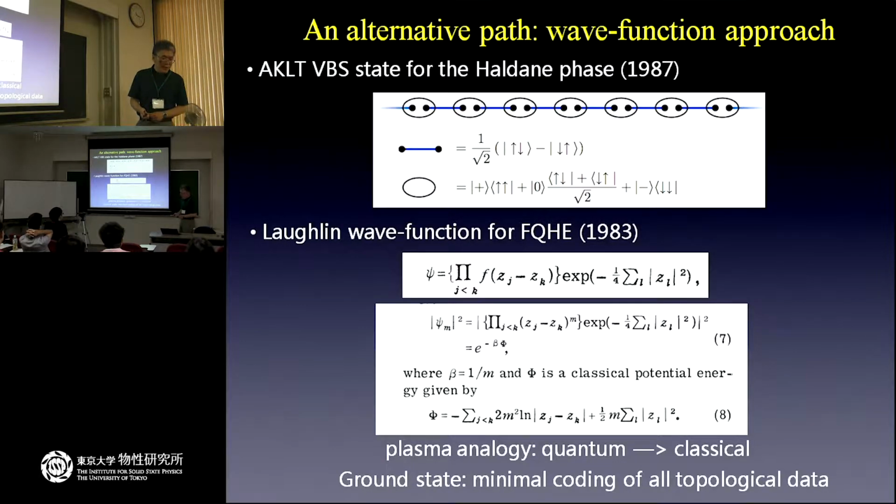If you still remember the Laughlin wave function, you may know that if you look at the norm of the Laughlin wave function, you can write the wave function norm as a statistical Boltzmann weight.